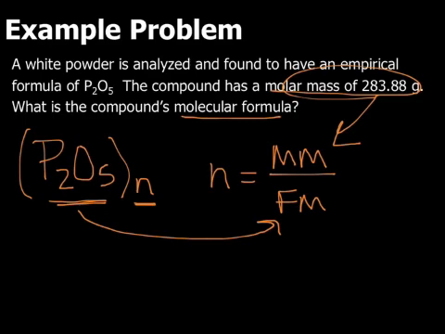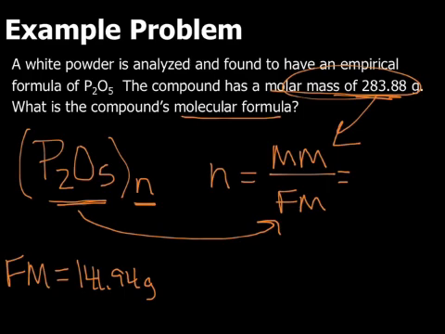For the formula mass of P2O5, those numbers just come from the periodic table: 2 times phosphorus plus 5 times oxygen. That gives me 141.94 grams per mole. Up here, they give me the molar mass, which is 283.88.